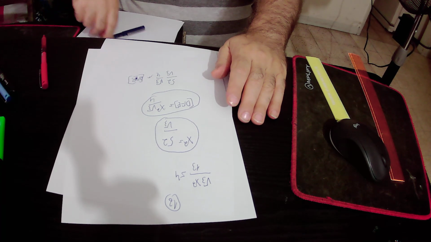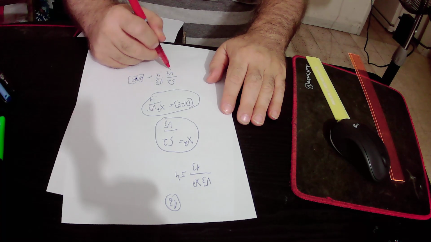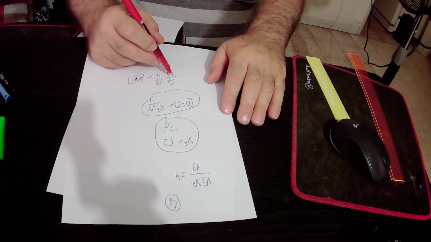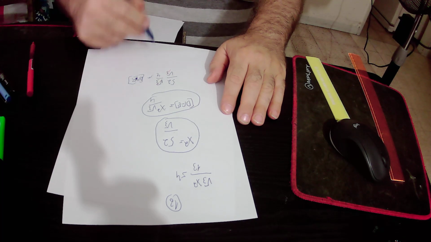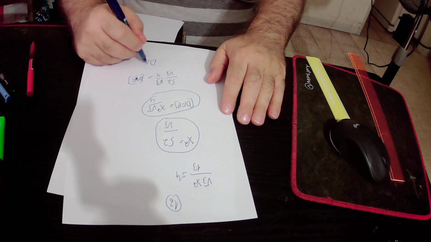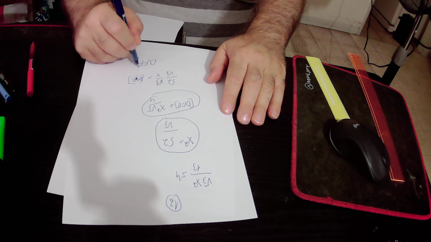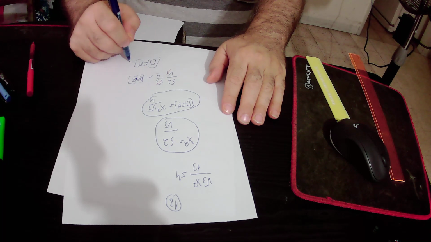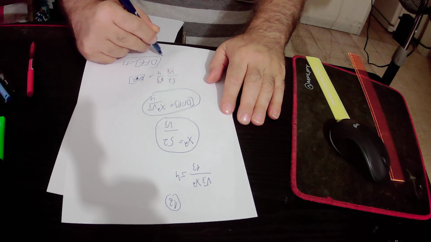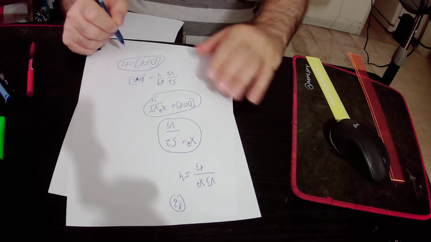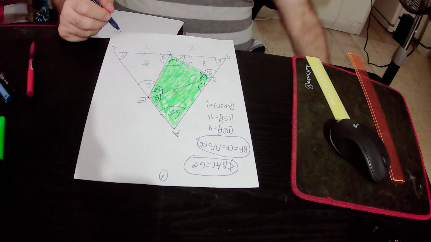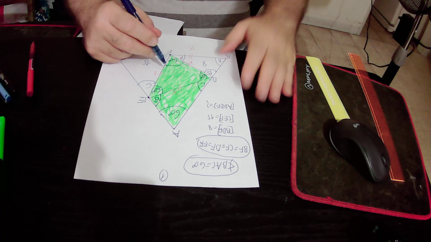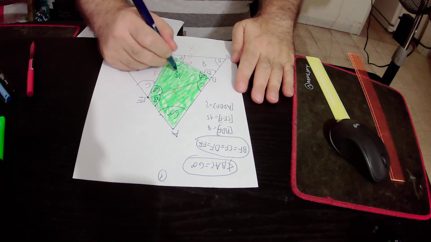So root 3 over root 3 is 1 and 52 over 4 is 13. So we found out that the area of the equilateral triangle DFE equals 13 square units.